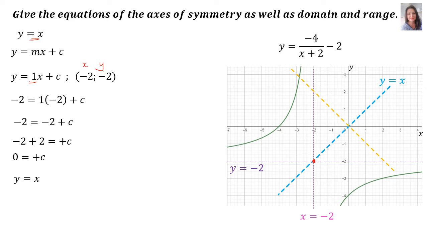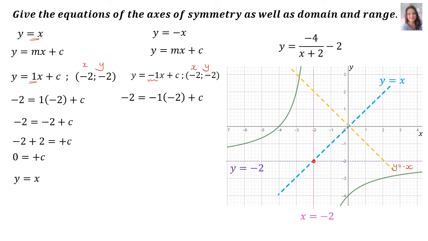And then your other axis of symmetry will be parallel to the line y is equal to minus x. So again, we will start with y is mx plus c. The gradient is also minus 1 because it will be parallel to that yellow line, the line y is equal to minus x. And then in goes the point negative 2, negative 2, and that point consists of a x and a y coordinate.